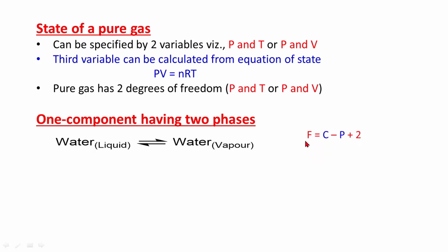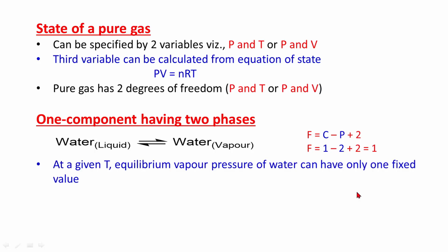When we apply phase rule equation to one component and two phase system, degree of freedom is equal to 1. What does it mean? It tells at a given temperature, equilibrium vapor pressure of water can have only one fixed value.